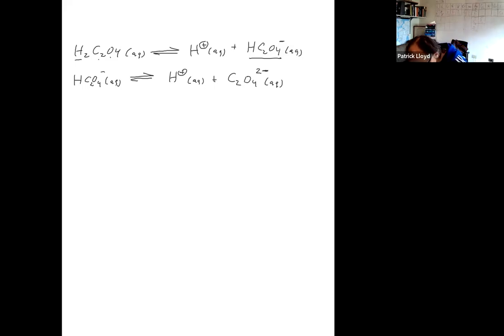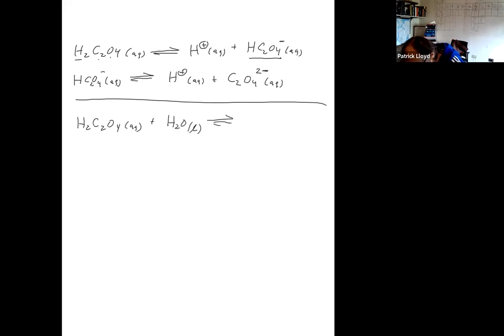Okay. We can write this if we want to as a reaction with water. So we add water to it. H plus goes to the water. So you get HC2O4 minus. Notice in doing it as a Bronsted-Lowry acid, you get the same conjugate base as if you did it just as a dissociation.